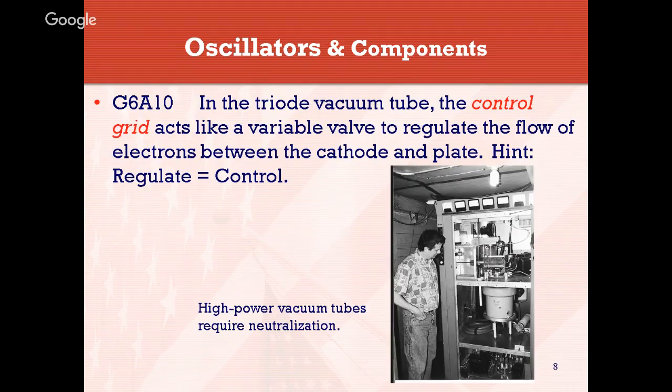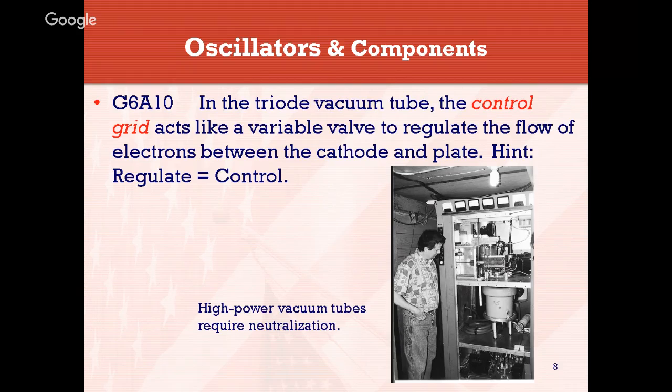In the triode vacuum tube, the control grid acts like a variable valve. As a matter of fact, tubes used to be called valves. If you hear an old timer talk about a valve in a radio, they're talking about a vacuum tube.